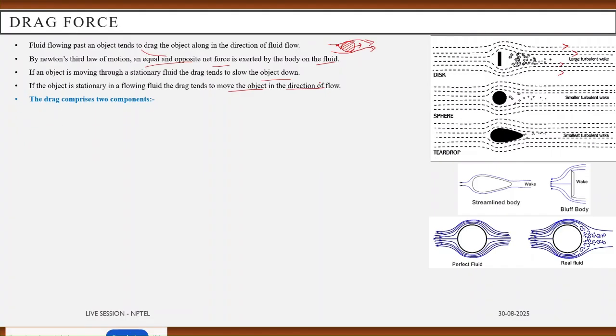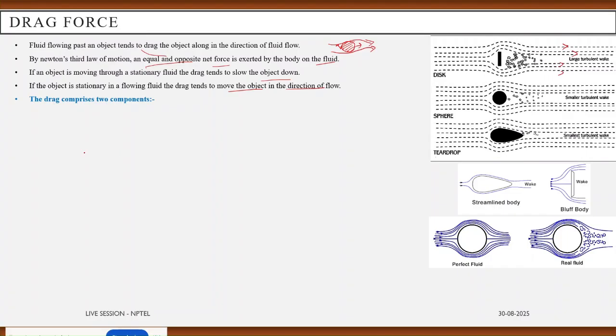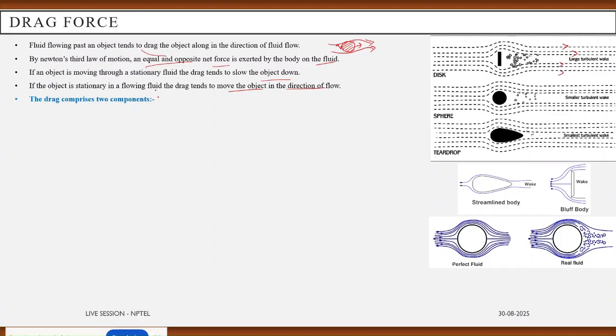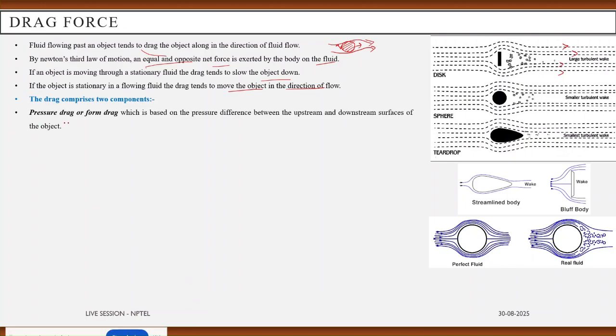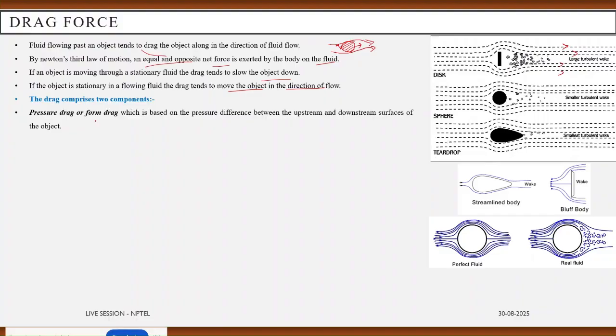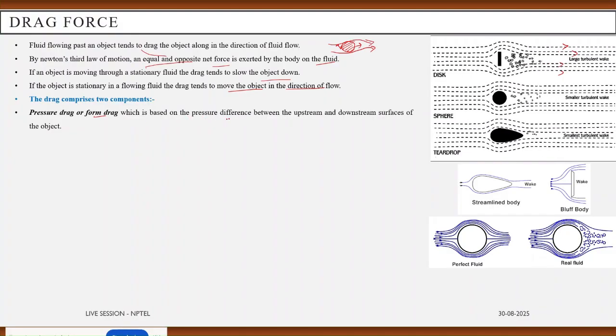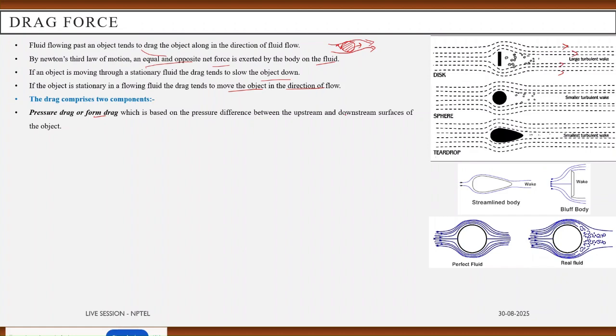So this drag force that we are talking about comprises two components. One is pressure drag, also known as form drag, which is based on the pressure difference between the upstream and downstream surfaces of the object.